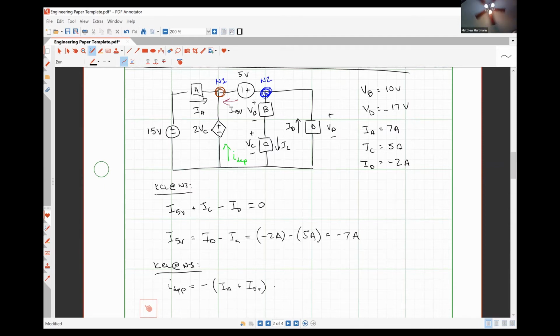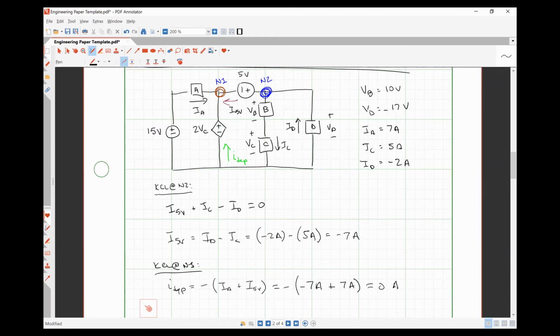Is everybody okay with that? Yes. All right, so that's going to be -7 amps plus, let's see, IA is +7 amps. So that means I dependent is 0 amps. So if there's no current flowing through our dependent source, the power absorbed has to be 0 watts. So we don't even need to figure out what the voltage VC is.